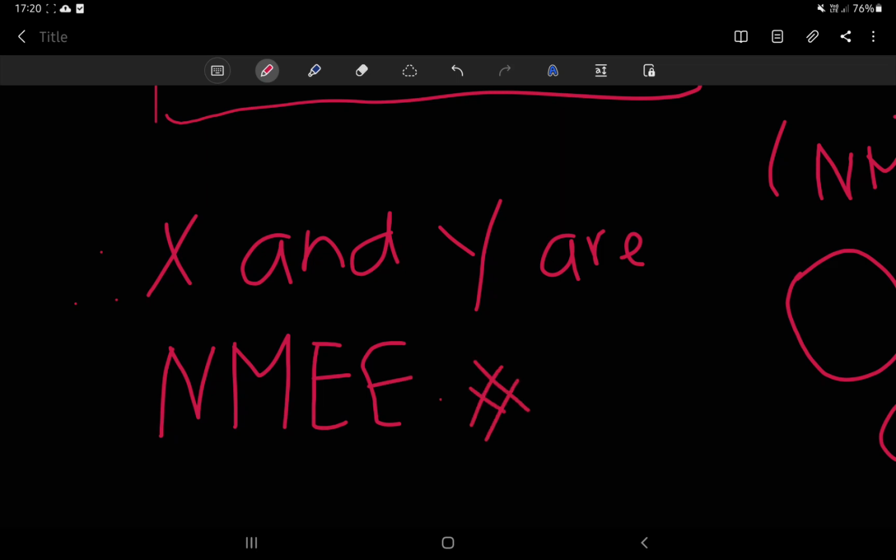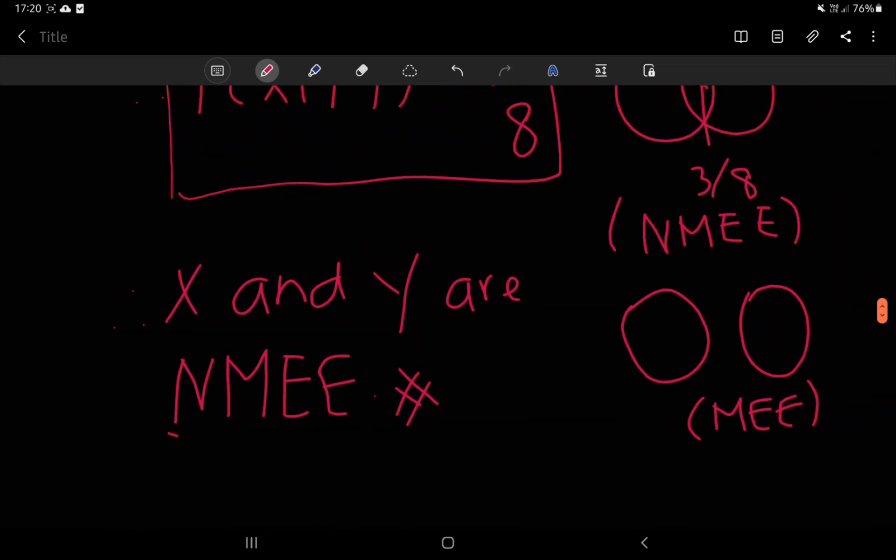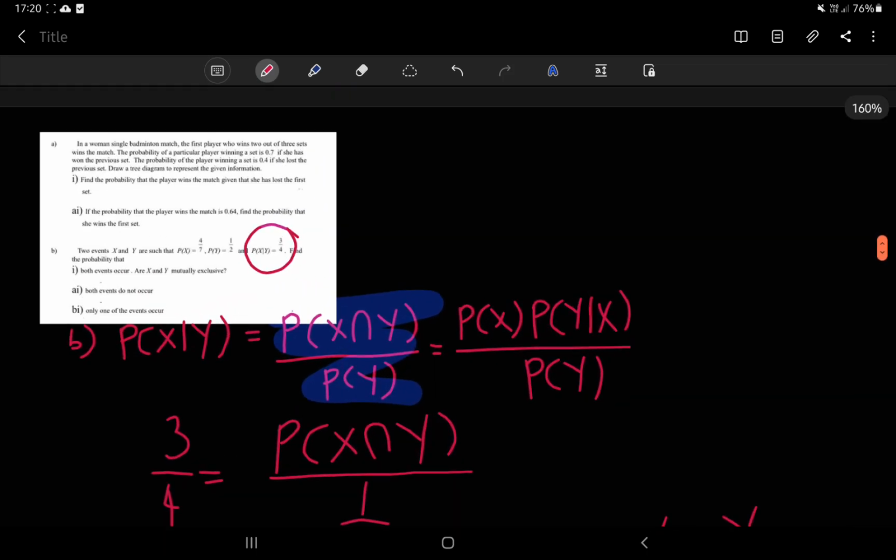You need to write the long sentence for this, because I'm just shortening it with this acronym, NMEE, not mutually exclusive event, to save time.